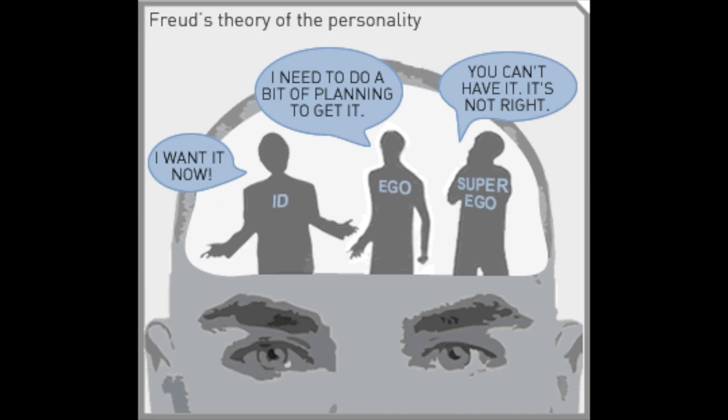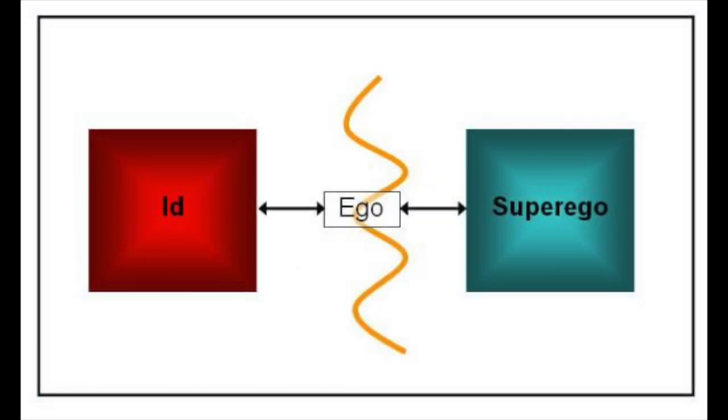The ego then is getting information and the drives from the id about seeking out pleasure, and getting information from the superego regarding morality. And the ego maintains a balance between the two to come about with behavior. Now, when we have conflict between these three unconscious forces, that's when you can get abnormality in behavior, according to Freud, when you have too much conflict between the id, the ego, and the superego.